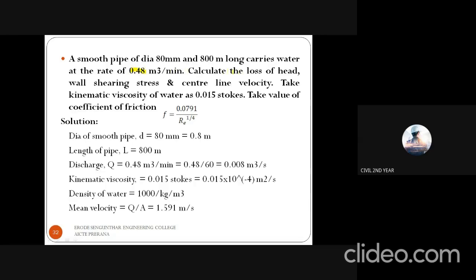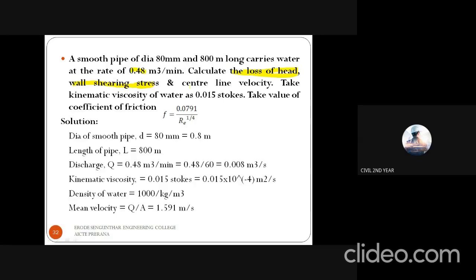Calculate loss of head, wall shearing stress, and centerline velocity. Take kinematic viscosity of water as 0.015 Stokes.